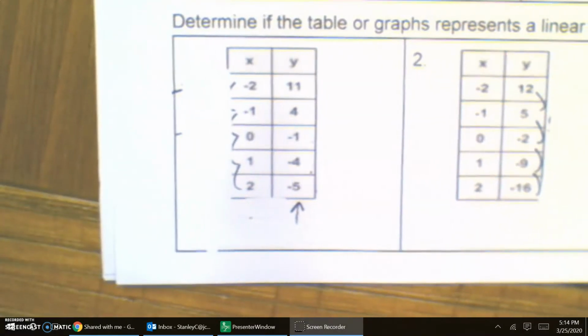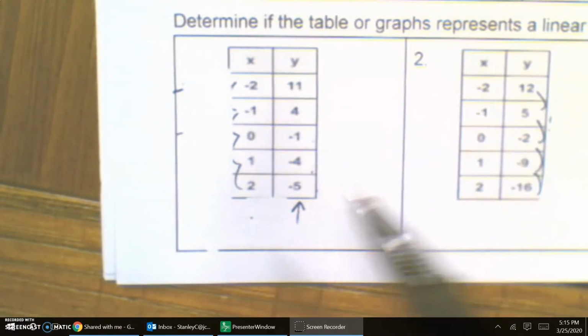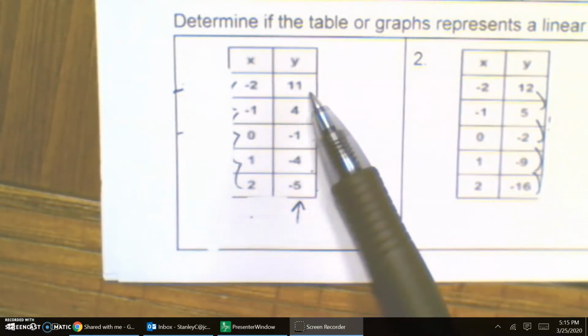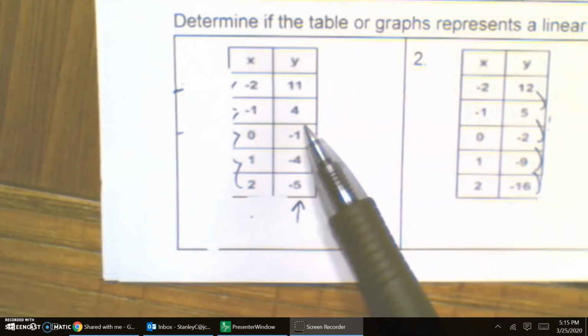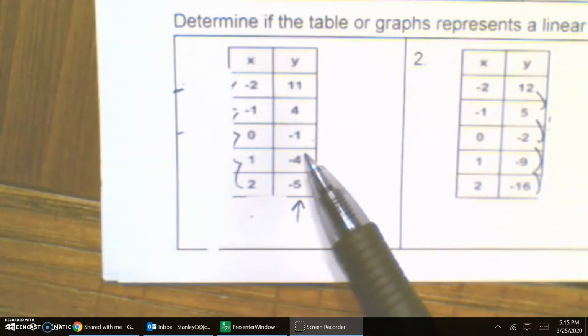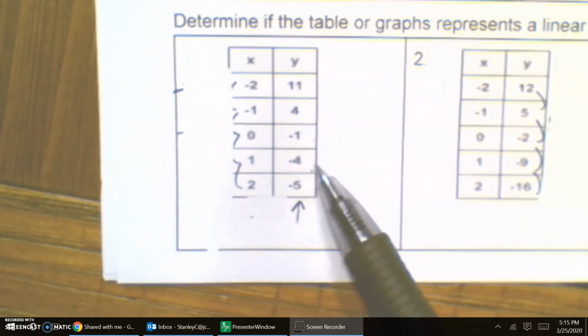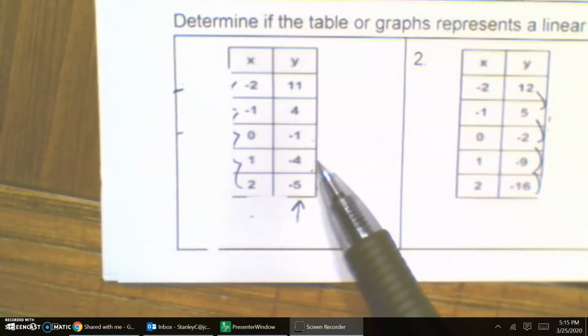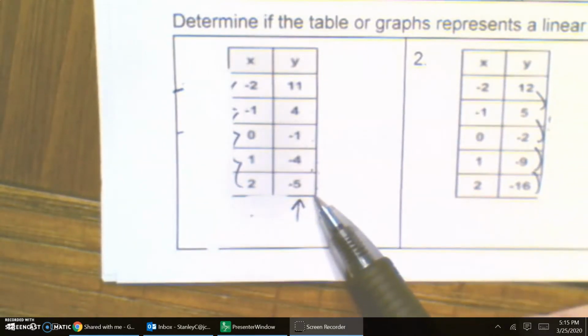All right, to be exponential, we want the multiplication factor to be constant. So 11 times what would give us 4? Right? 4 times what would give us negative 1? Negative 1 times what would give us negative 4? Negative 4 times what would give us negative 5?